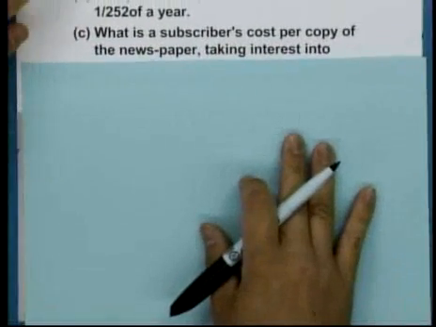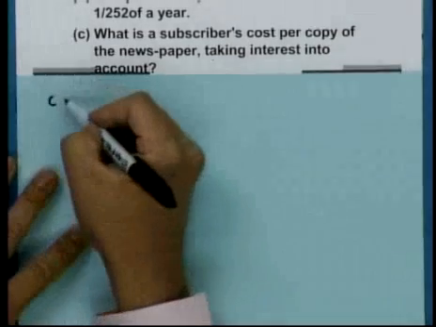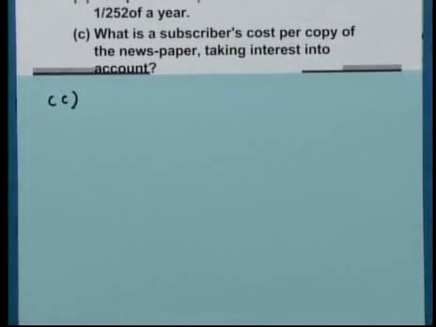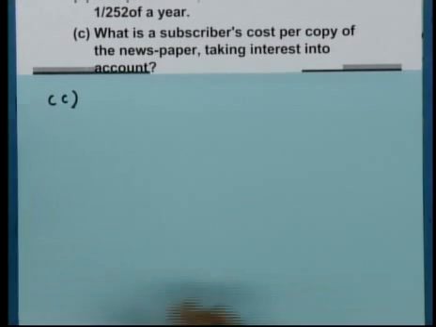So we are working on Part C. For a 2-year subscription, you pay how much? $206, right?